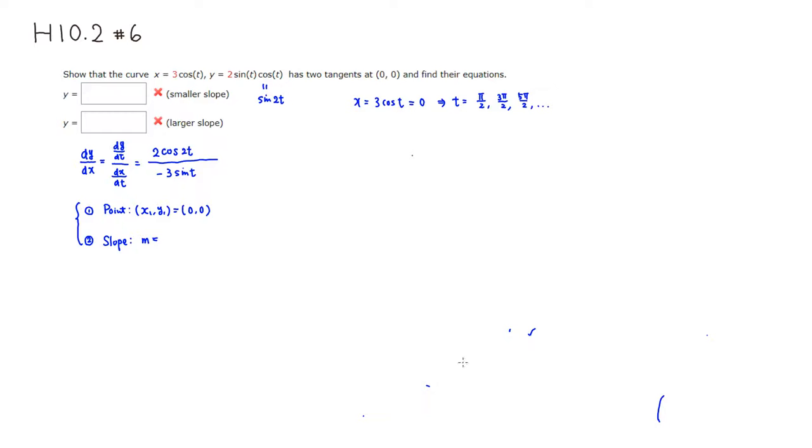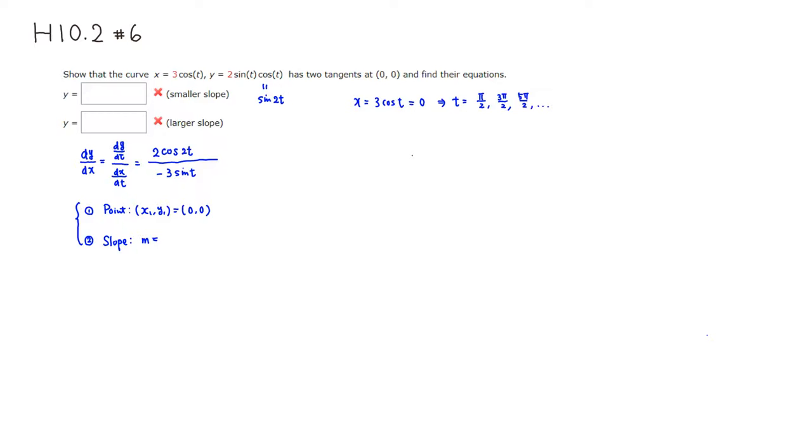That will definitely make y equal to 0, because y has a cosine as a part of it. So at t equals pi over 2 and 3 pi over 2, we're going to get 0 comma 0.